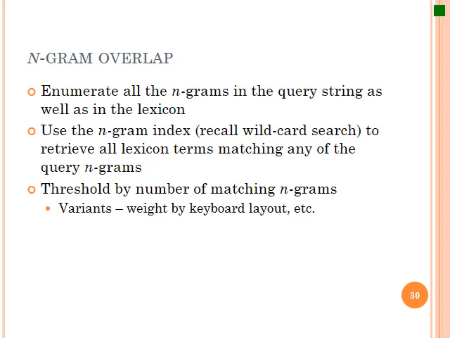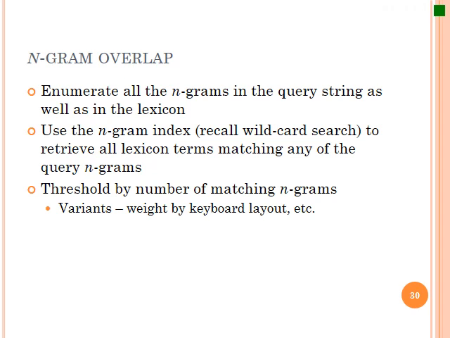Imagine that if the word that you type in is a correct word, then by taking the n-grams, every n-gram will have some match in the original dictionary. If you take the intersection of those sets of matching terms, you will get exactly this term. But since you have a typo in it, some of the n-grams are not right.